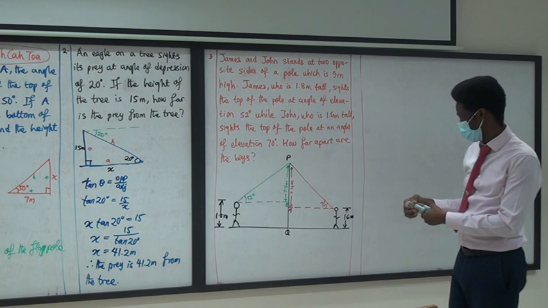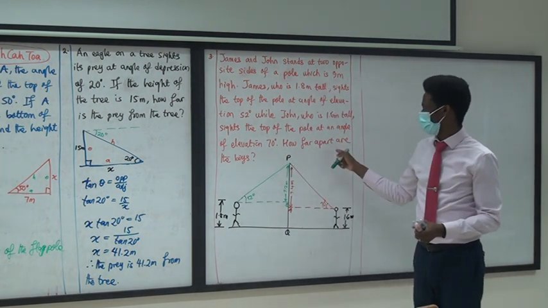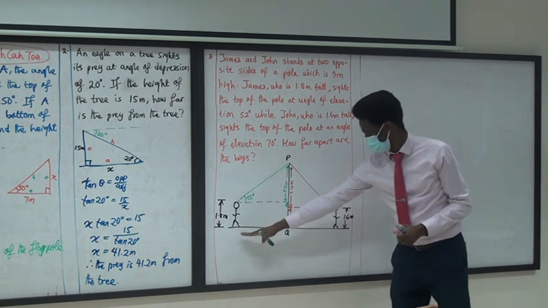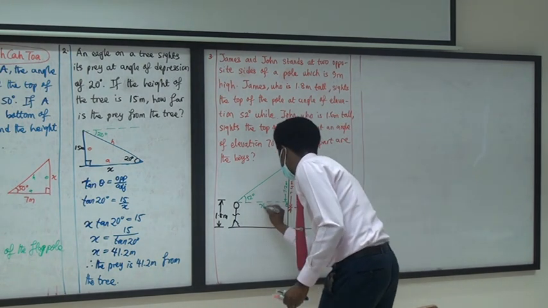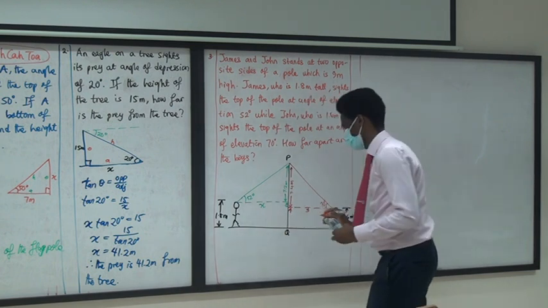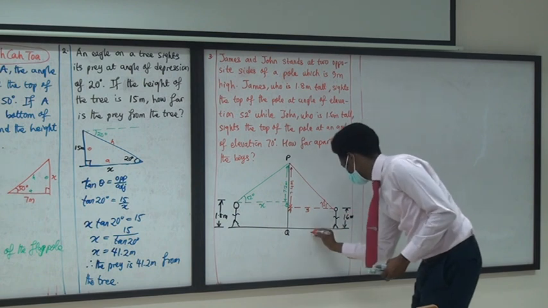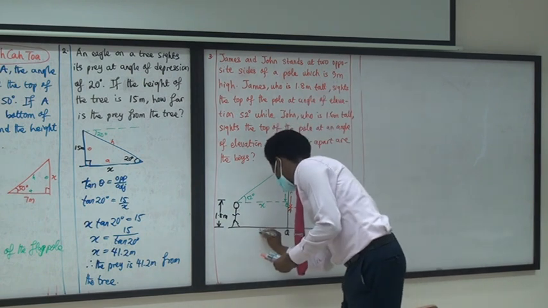So for the first one, we are going to call this X, because the question is saying how far apart are the boys? We're looking for this distance. So we're going to label this X and label this Y, right? Then this will be Y and this will be X as well, because that's like a rectangle.